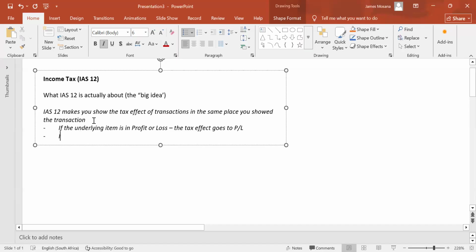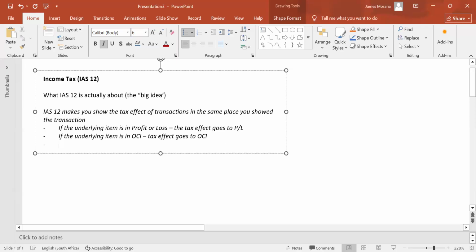Second, if the underlying item is in OCI, then the tax effect goes to OCI.